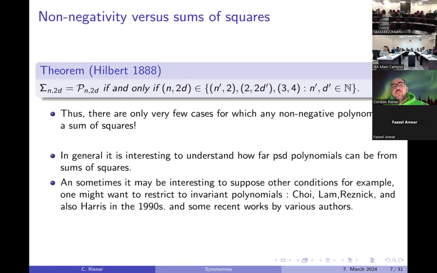He was able to show that in general, the set of sums of squares is much smaller than the set of non-negative polynomials. Only in a few cases that he classified, namely quadratic forms, univariate polynomials, and ternary quartics, do we have that sums of squares are the same as non-negative polynomials. So that's, of course, a bad situation.